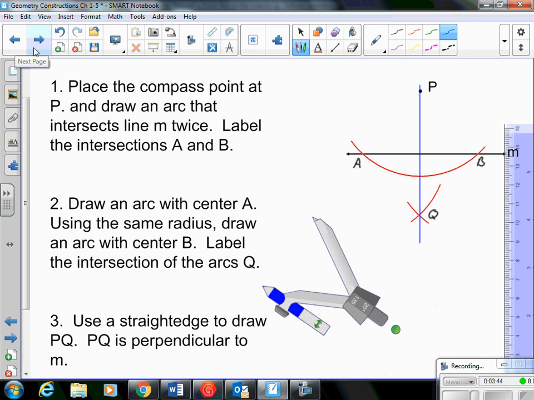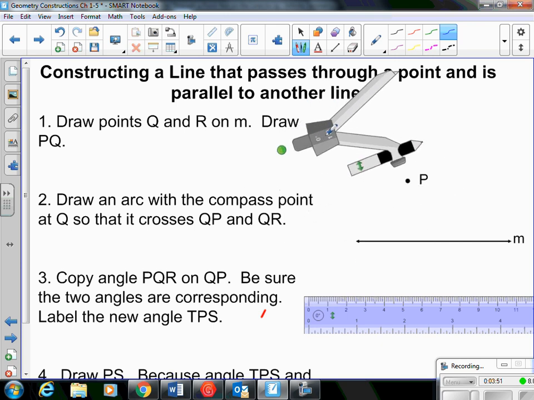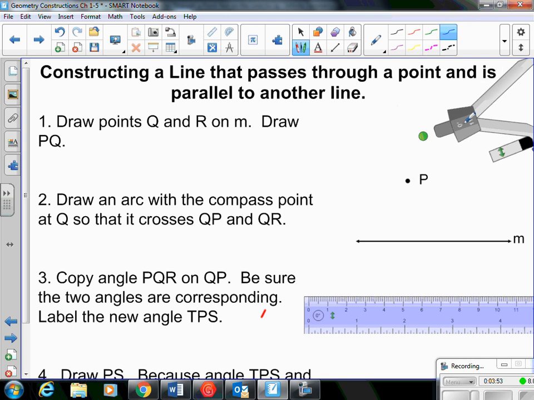Alright, so then the next one, this is one of the more complicated constructions here. Constructing a line that passes through a point and is parallel to another line.